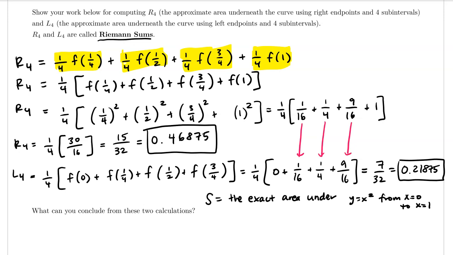The conclusion that we can make from the calculation that we just did is the exact area is going to be greater than L sub 4, because we said L sub 4 was going to be an underestimate, and it's going to be less than R sub 4, since we said earlier that R sub 4 would be an overestimate. So that's the conclusion that we can make in this scenario.